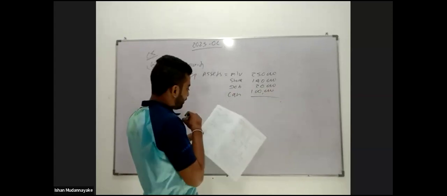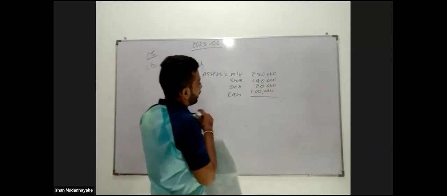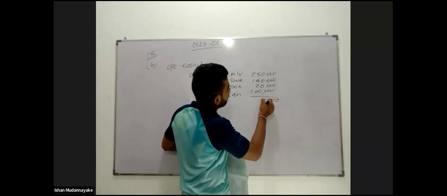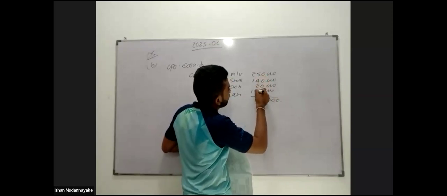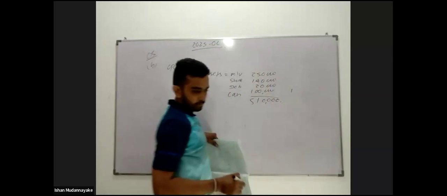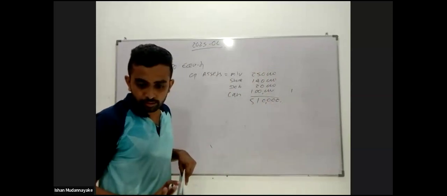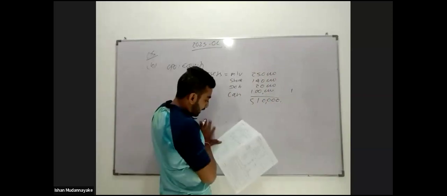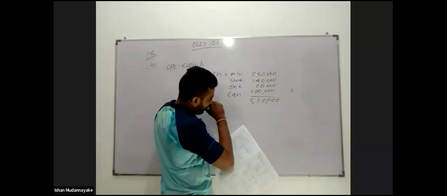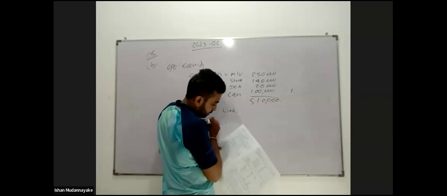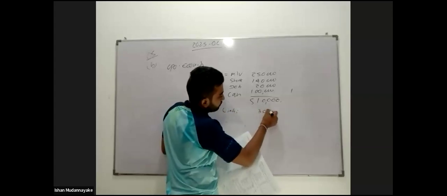Opening liabilities of the business, how much? Opening assets 510,000 and opening liabilities 30,000.